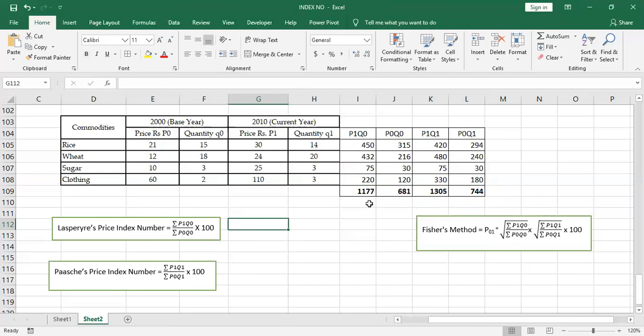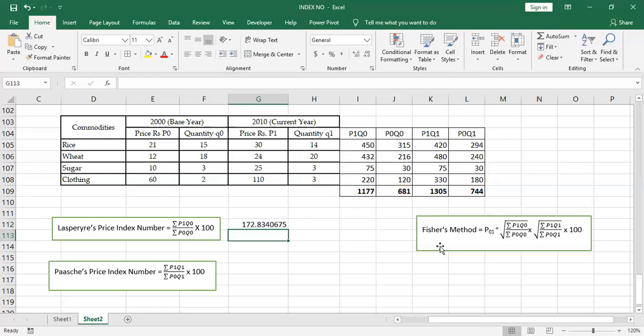P1 Q naught is 1177, divided by P naught Q naught 681, into 100.